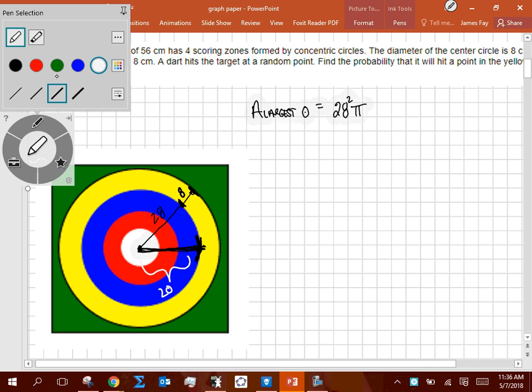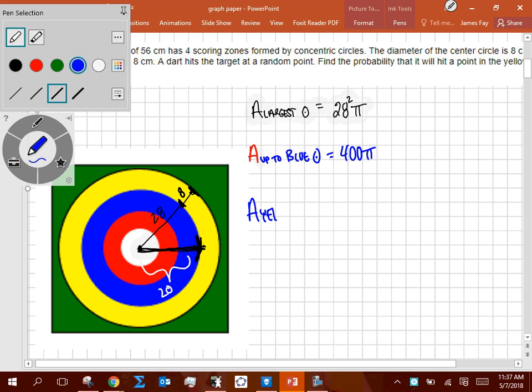Okay, so that would be an area up to the blue circle. It would be 400 pi, wouldn't it? 20 squared times pi. So what am I going to do with those two numbers to get the yellow annulus?